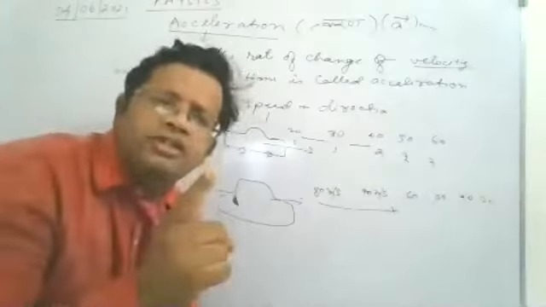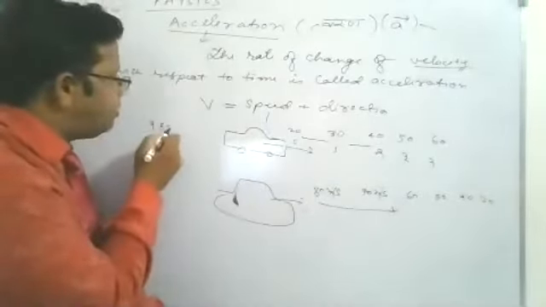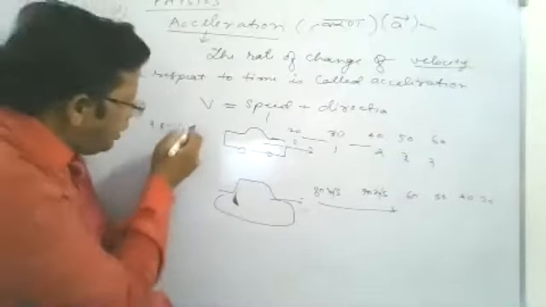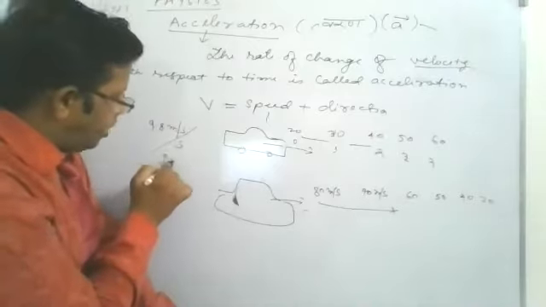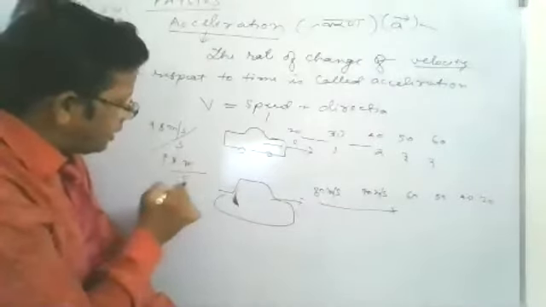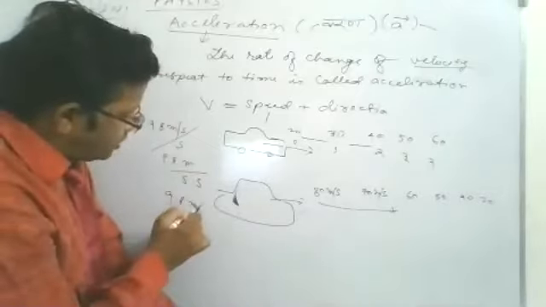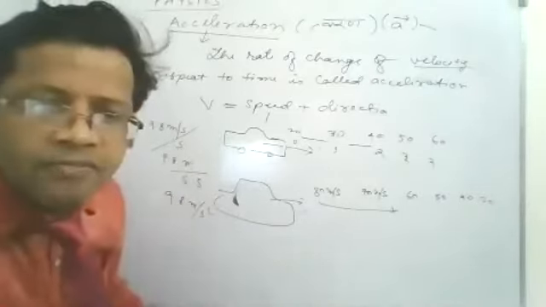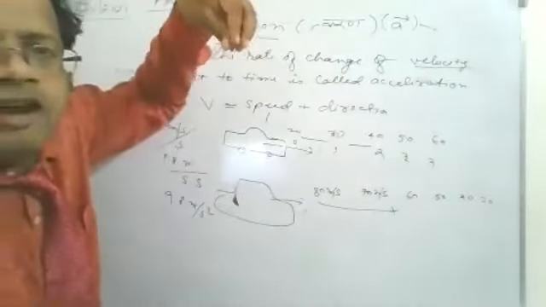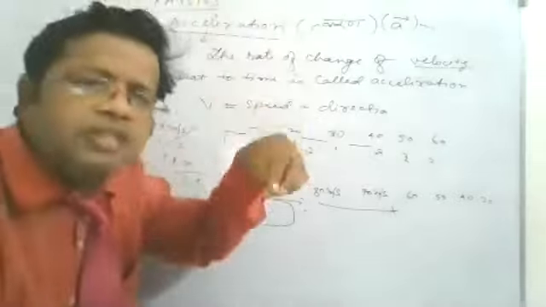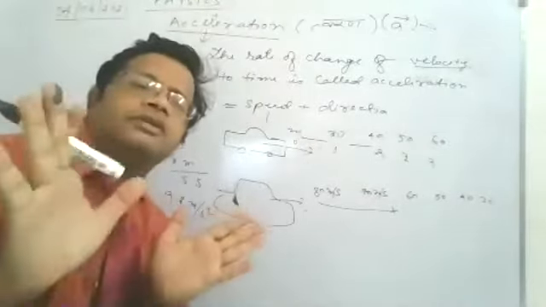In every 1 second, the speed increases by a fixed amount, that is 9.8 meters per second. That is called 9.8 meters per second squared, the acceleration. If any body is allowed to fall on the surface of Earth, then because of the gravitational pull of Earth, in every 1 second, beta, how much does the velocity increase?